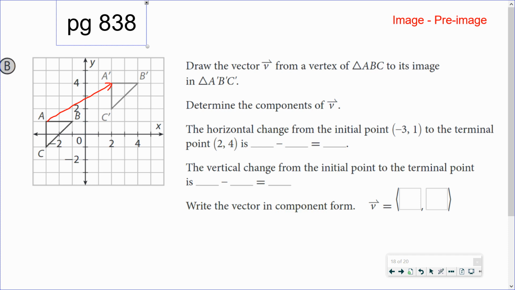We're going to start with A, which is -3, 1, and it's going to end up at 2, 4. So we always want to subtract the image from the pre-image. The image here for the horizontal is going to be 2. So we're going to take 2 and subtract from it the pre-image, -3.